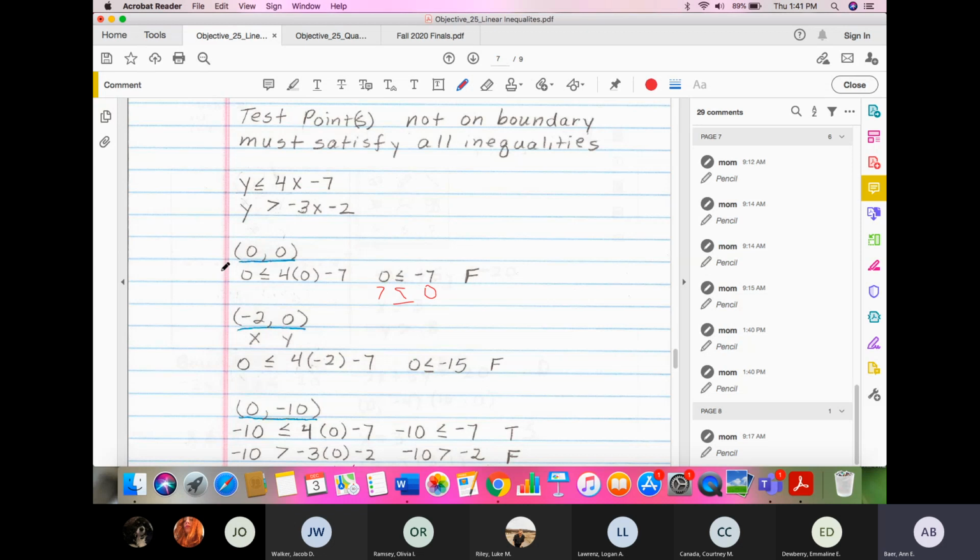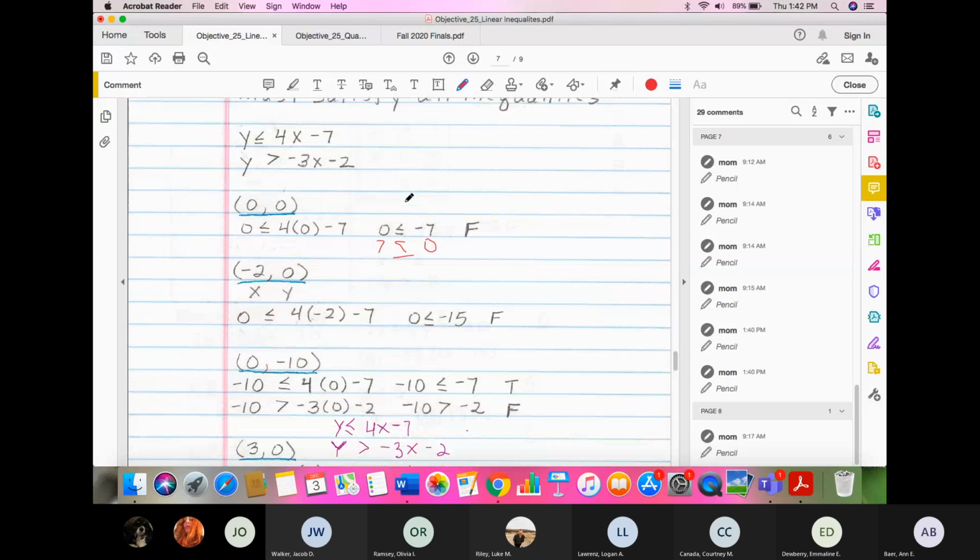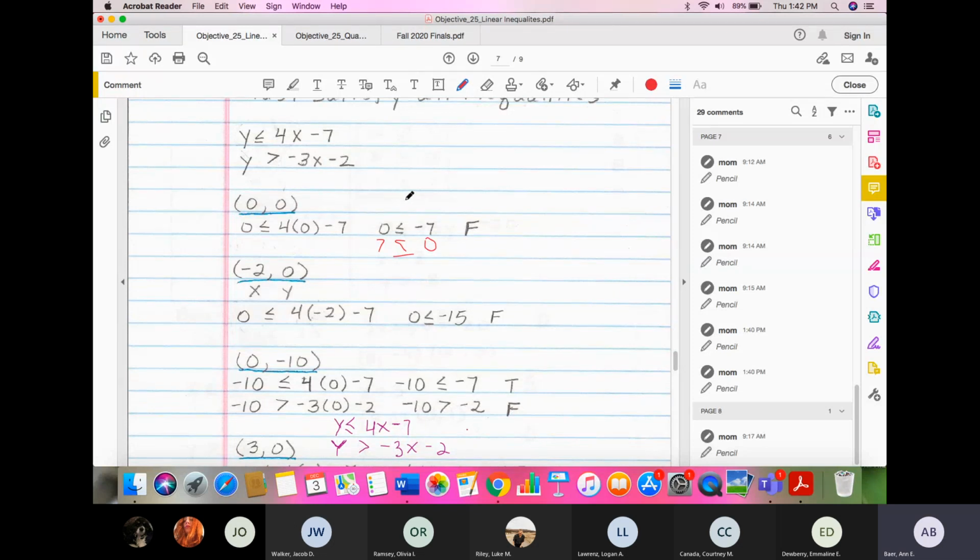We can quit just with this test point, not with the whole problem, just with this test point. So we move on. If you get one false, you move on, because for both of these, you have to get both trues. Get one false, move on. So then we know we are not going to select the region with 0, 0.